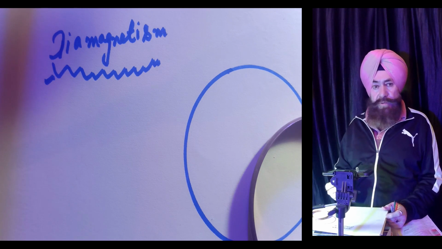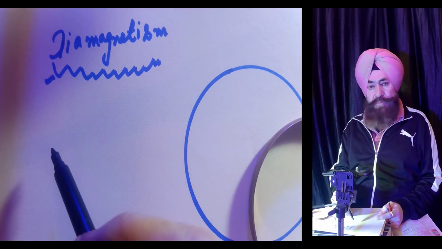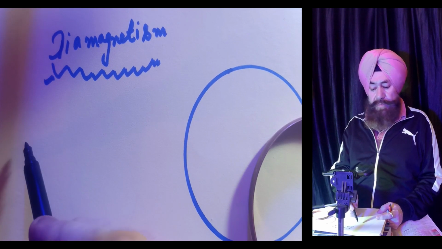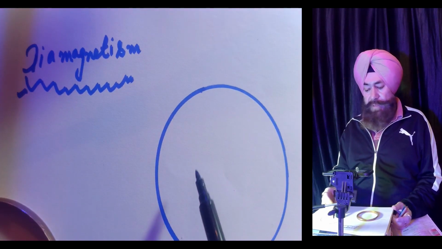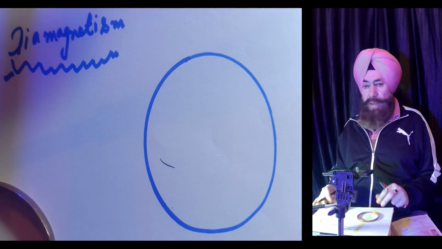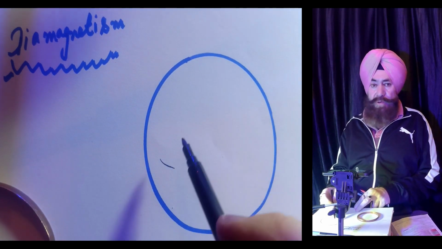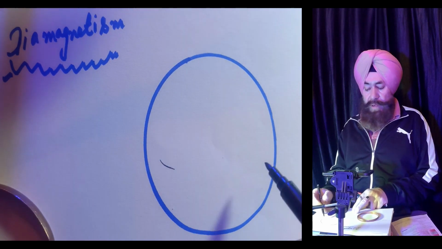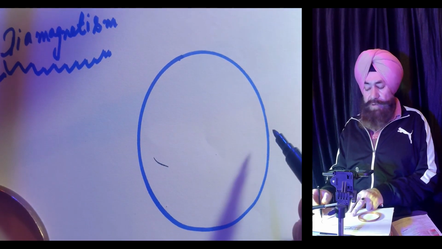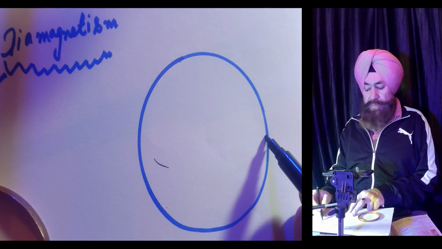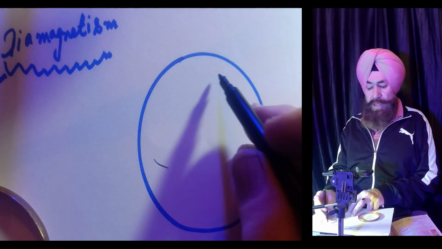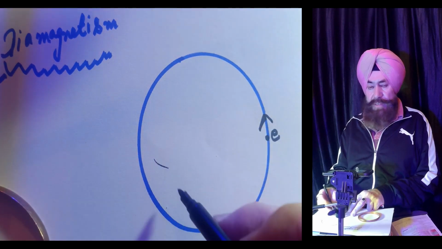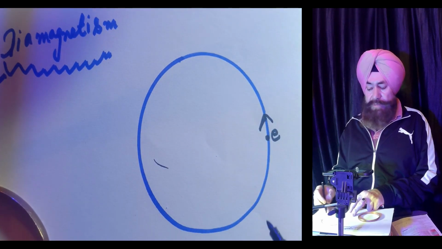so friends, you know very well, if I have a circle and an electron is orbiting in this direction, this is anti-clockwise.